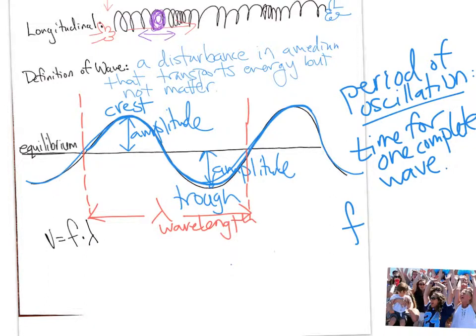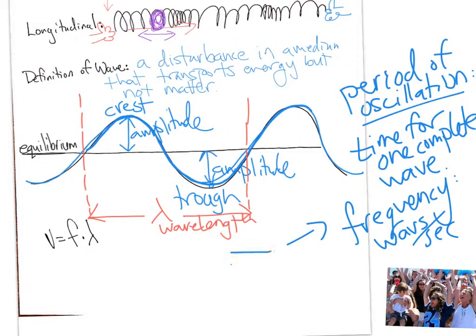And then the reciprocal of that we call the frequency. So frequency, that's the number of waves per second, and a formula related to period and frequency: period is 1 over frequency, therefore frequency is 1 over the period.